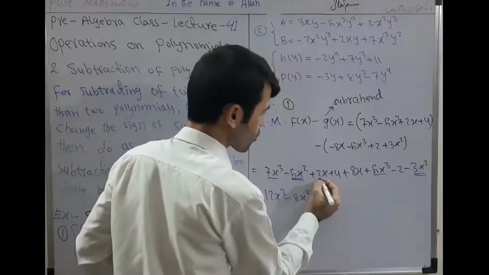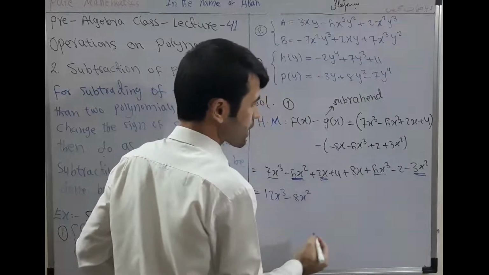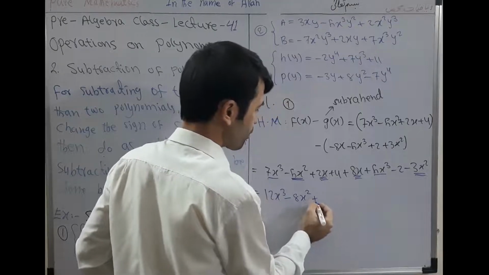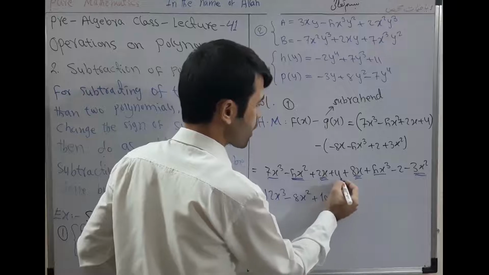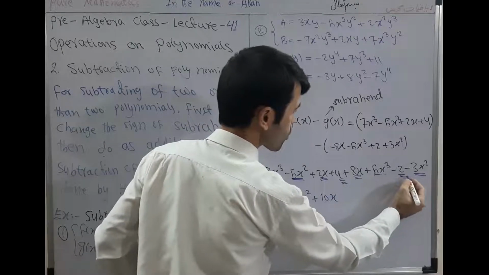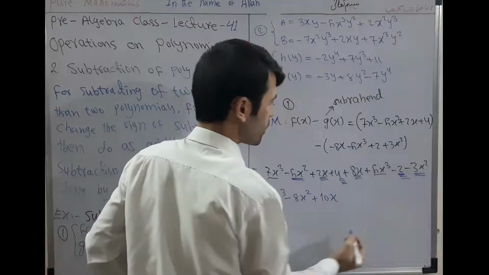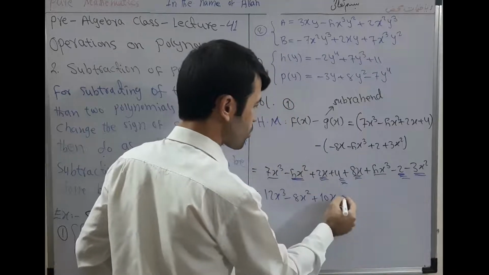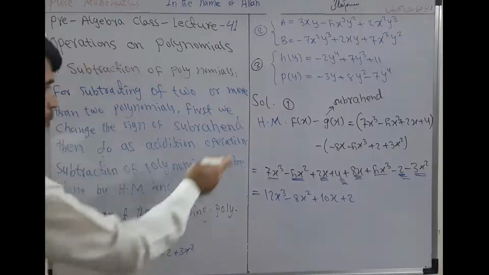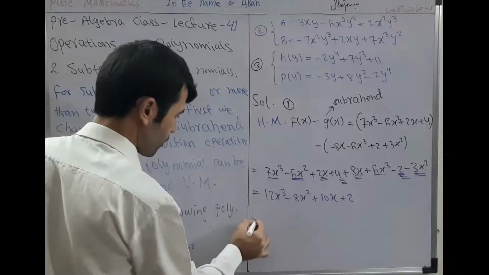Here we have plus 2x and here we have plus 8x. Then it is equal to 10x. Here we have 4 and here we have minus 2, so 4 minus 2 is plus 2. It is the result. That was the horizontal method, now the vertical method.